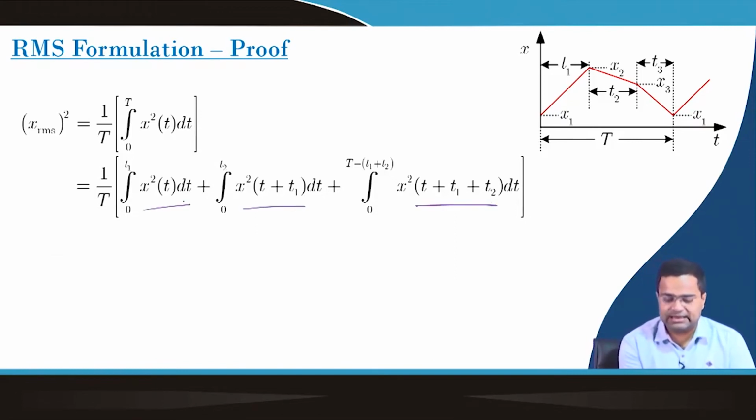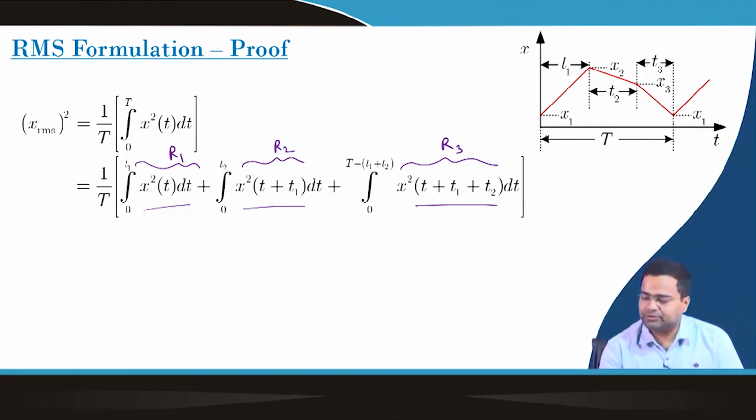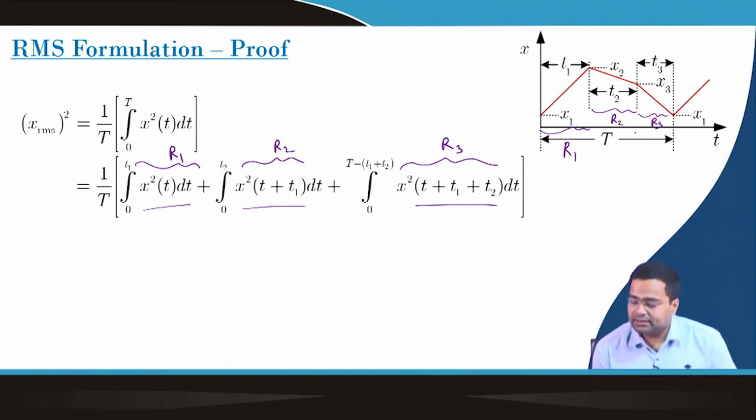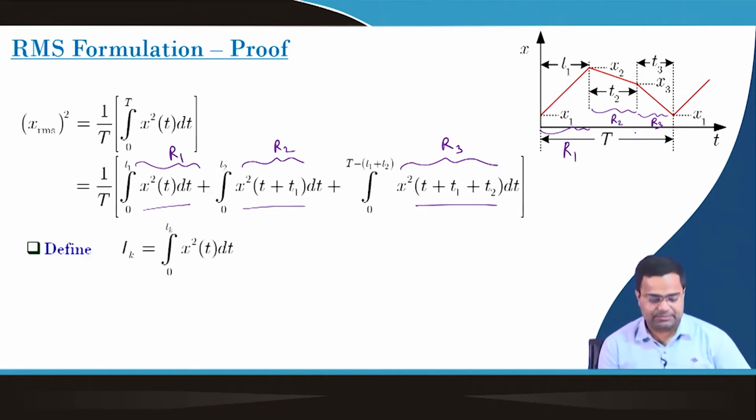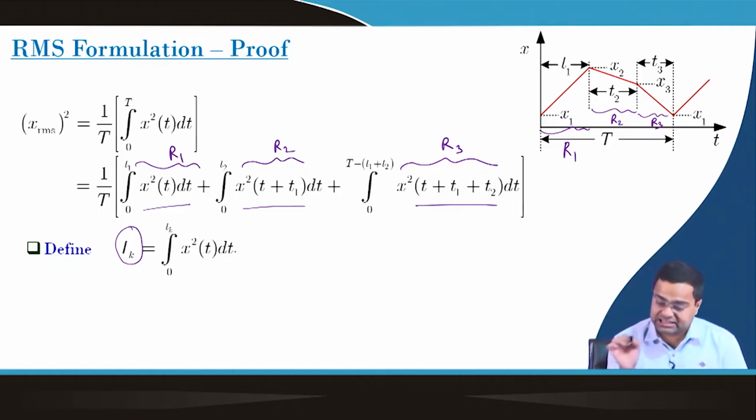Now, each region like R1, R2, R3, that means this particular equation corresponds to R2 and this corresponds to R3 region. We are talking about this region to be R1, this region to be R2 and this region to be R3. Here, if we take a generic expression for a generic region, the integral is 0 to tk, x square t dt.